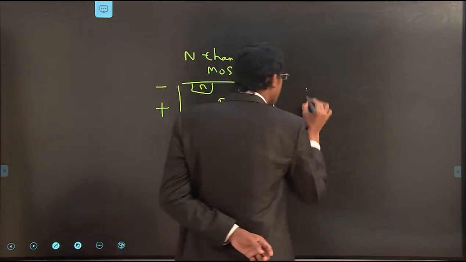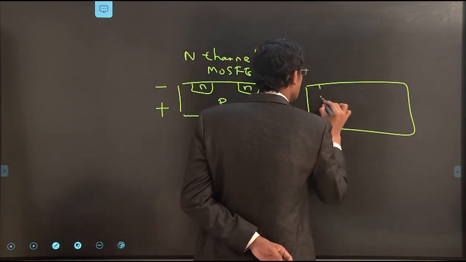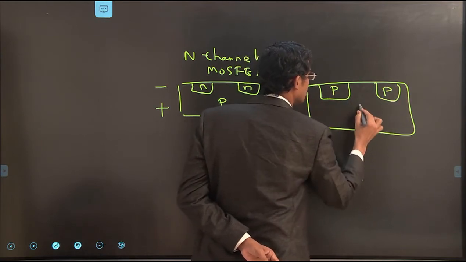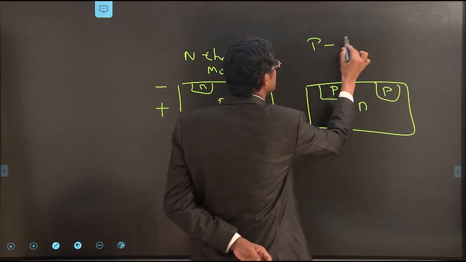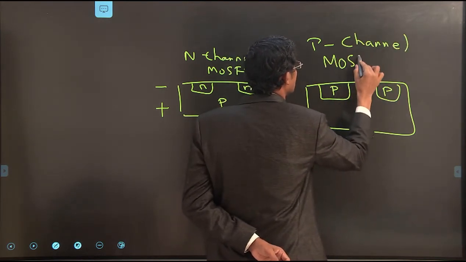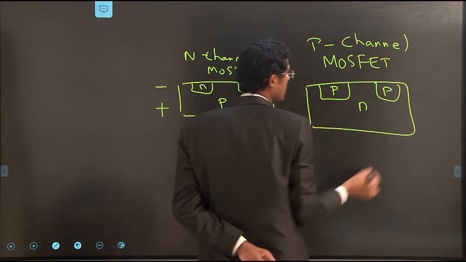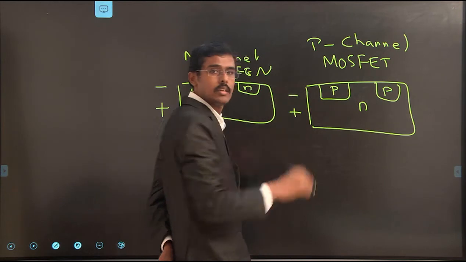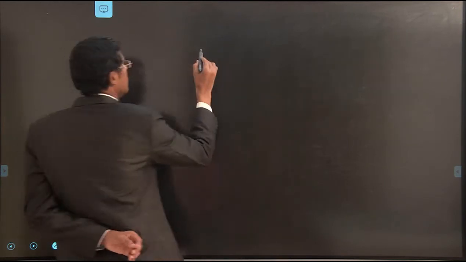So again I am creating here, instead of N I am putting P. Okay, this is P channel MOSFET. This may be an enhancement or a depletion mode of action.